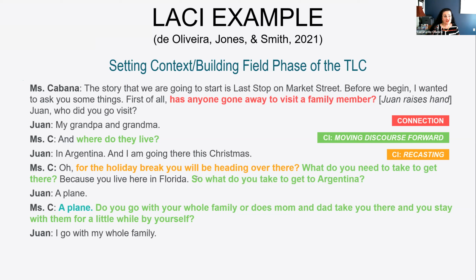And then what did she do? Again, move the discourse forward. She has such wonderful ways of asking students to say more and do more with language. And even though the responses from these multilingual learners are kind of short, and sometimes we've had conversations about this, it's still asking them to do more with language.